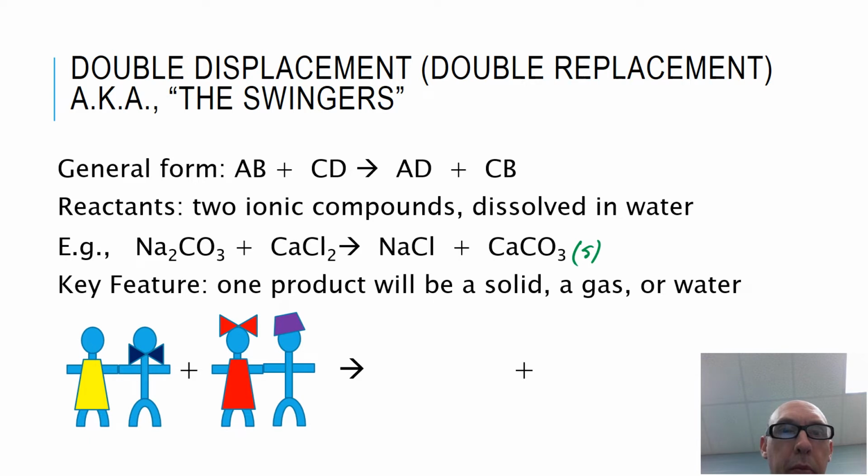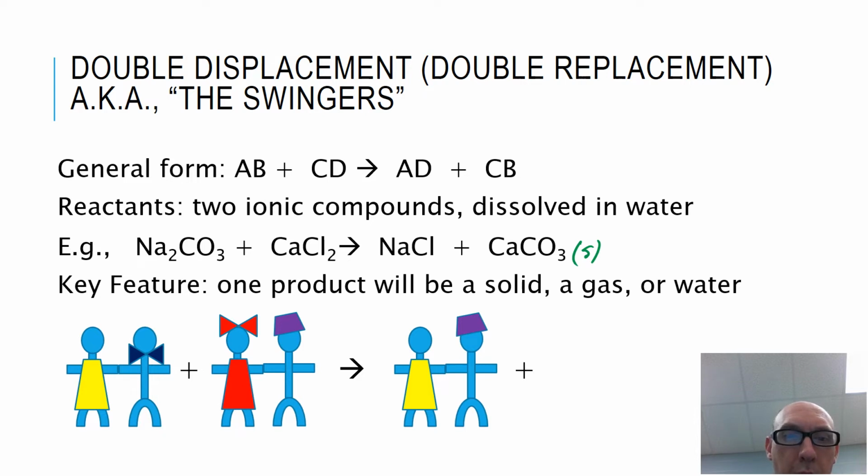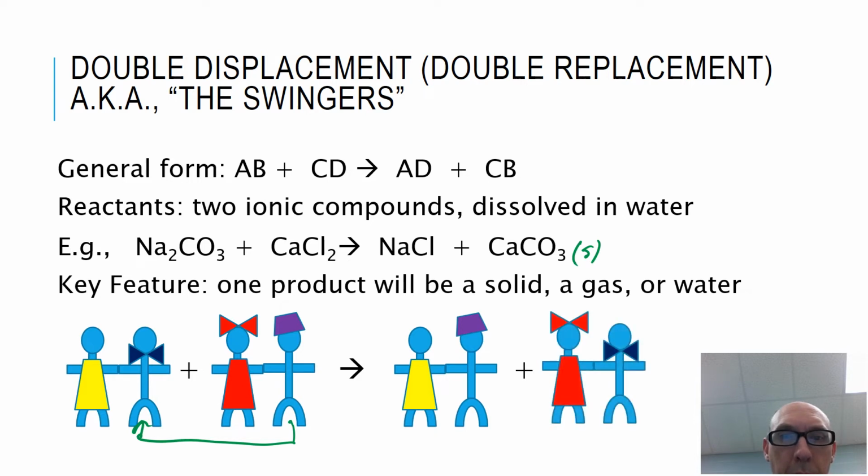So why do we call them double displacement? Well, looks like this guy's come in, taken that guy's spot. Oh, and he's gone and taken that spot. So they've simply swapped positions. And moving on in 3, 2, 1.